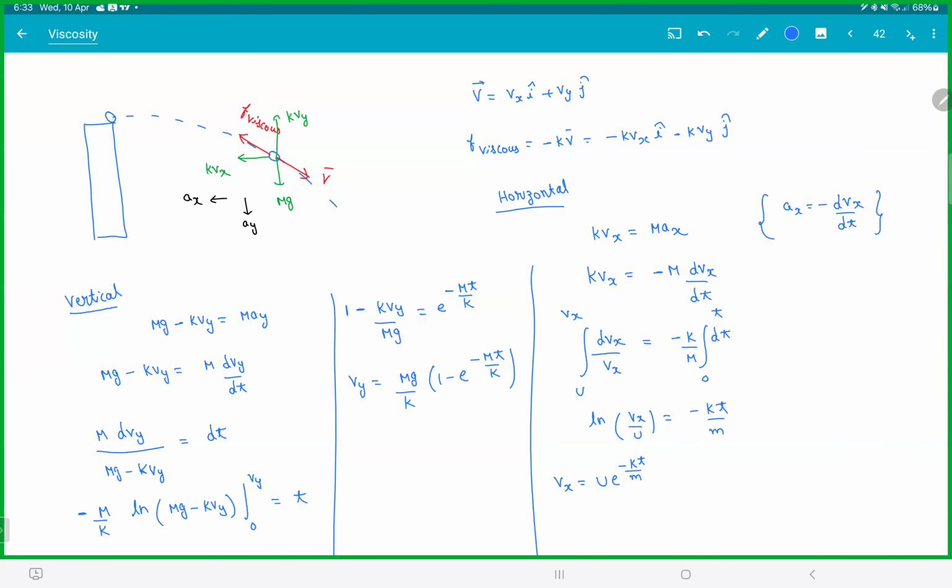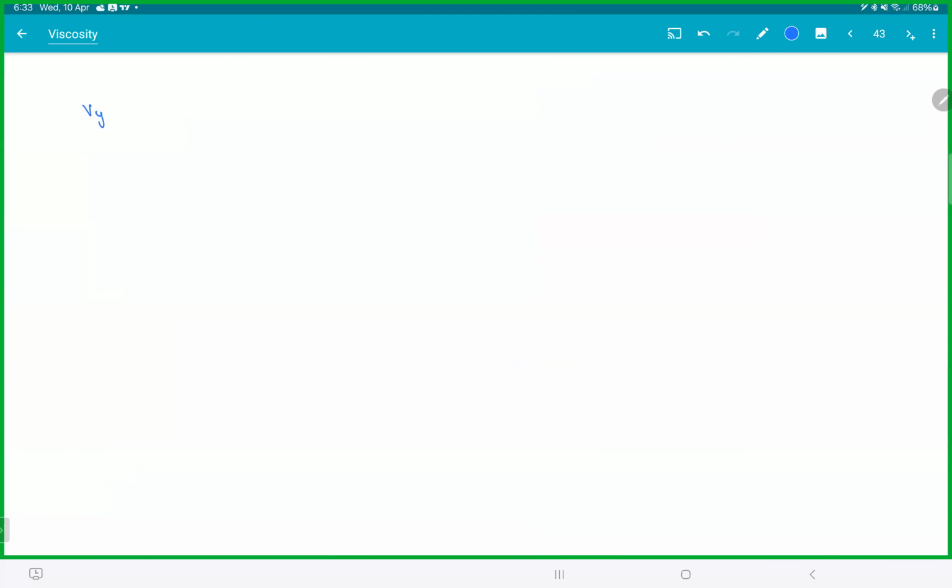Please check the steps. Clear? Then integrate again.